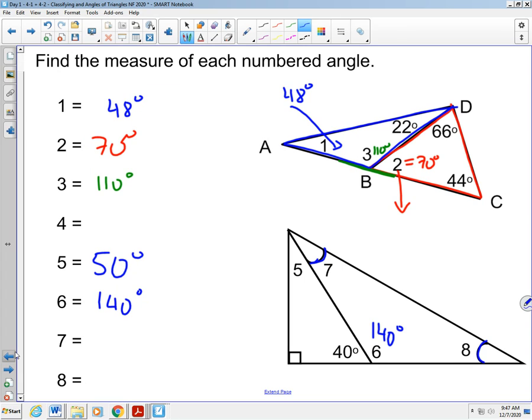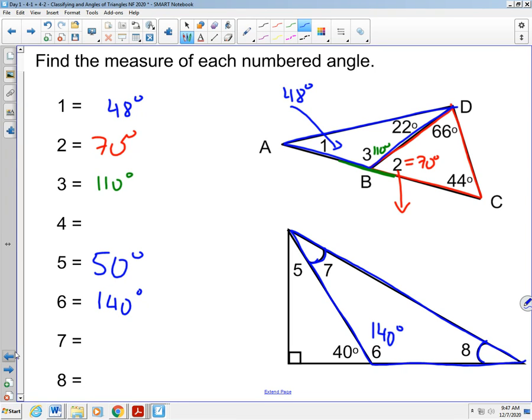Okay, now what about angle 7 and angle 8? If you look at this picture, this triangle is obtuse. We know that angle 7 plus angle 8 plus 140 degrees should add up to 180. Therefore, angle 7 and angle 8 add up to 40, because 40 plus 140 is equal to 180.